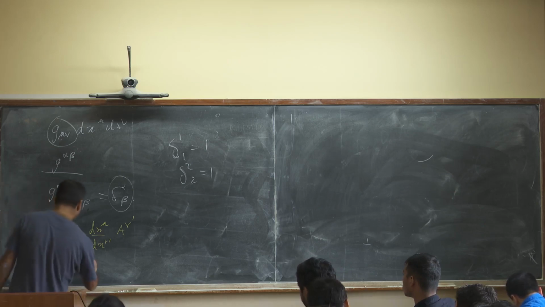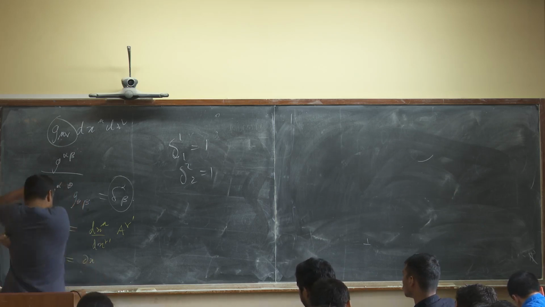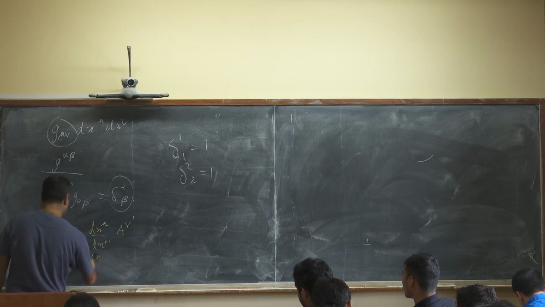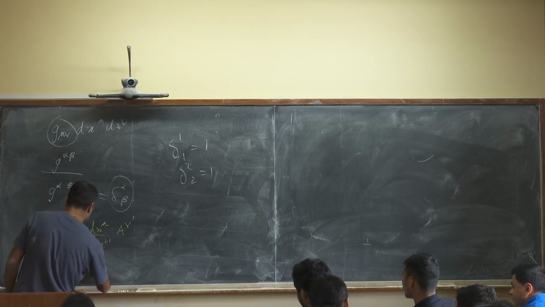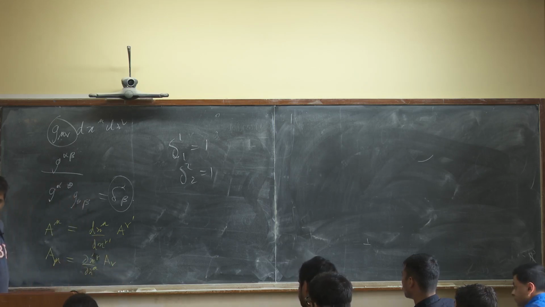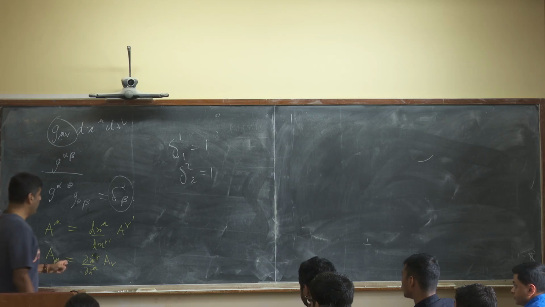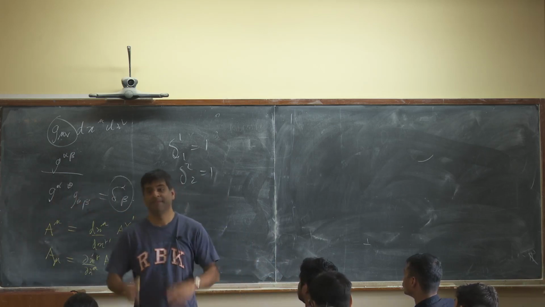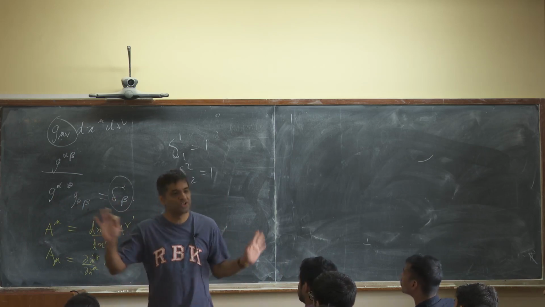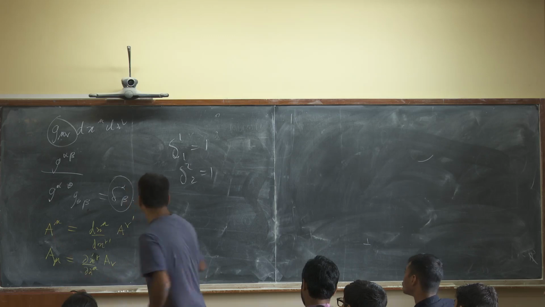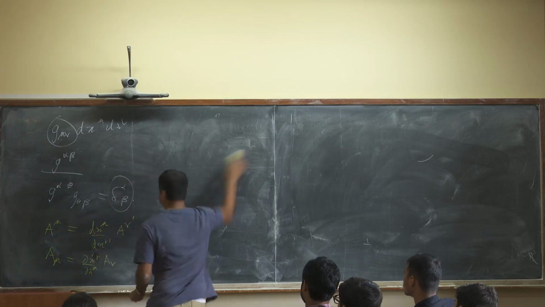A mu was equal to del x nu prime by del x mu A nu. Right? And what was the rule for the transformation of something with both upper and lower indices? Each index transforms on its own. As far as the transformation of one index goes, the other index goes along for the ride. So let's work it out now.